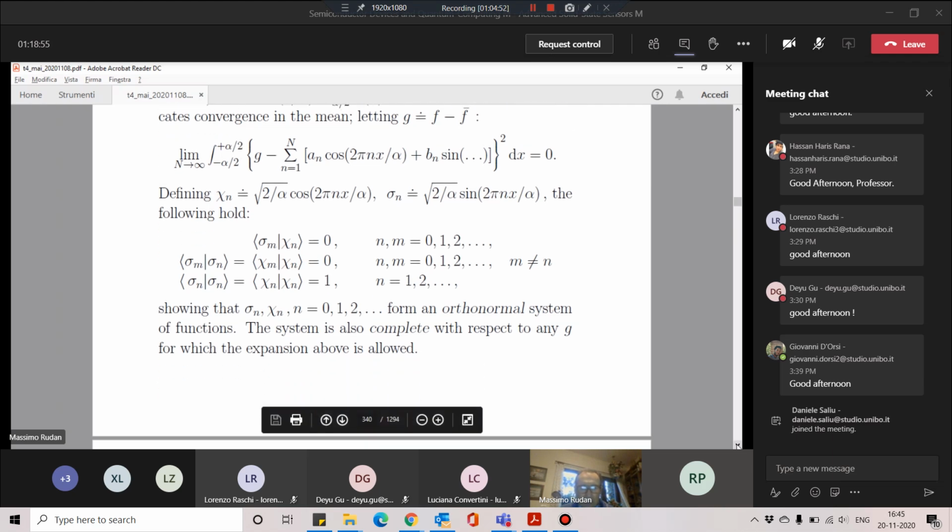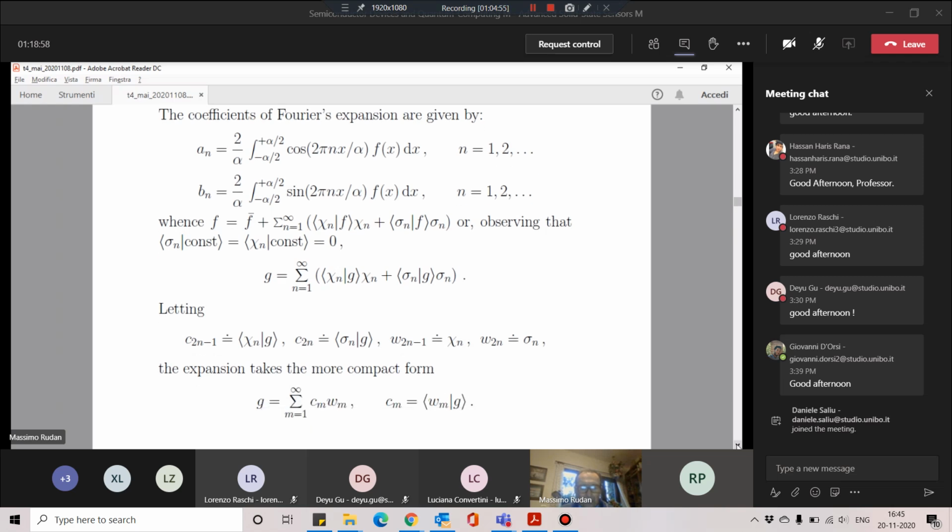So the conclusion is that the Fourier series can be expressed in more compact form as the average f times a series whose terms are chi n multiplied by a number that is the original an, expressed as the scalar product of chi n times f. And similarly, the block with the signs is sigma n times the scalar product of sigma times f.